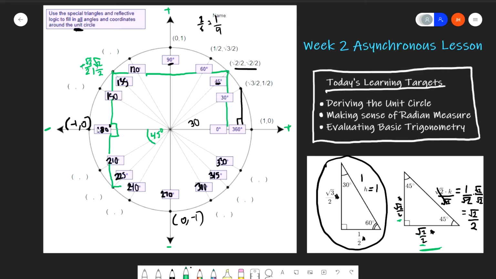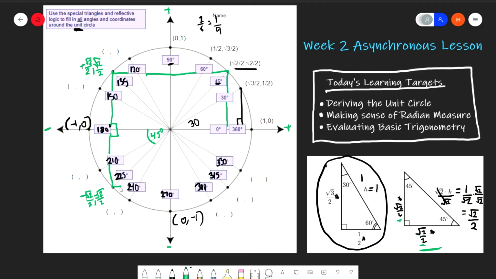So interestingly enough, we can understand this coordinate as the same as my 45, 45, 90 triangle, except notice that its x coordinate is negative and its y coordinate is negative. So this guy is going to be negative √2/2, comma, negative √2/2.